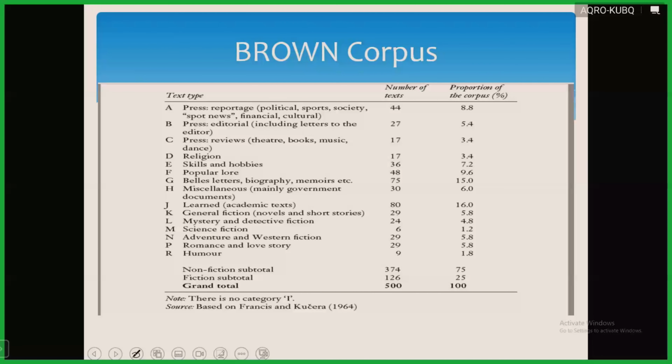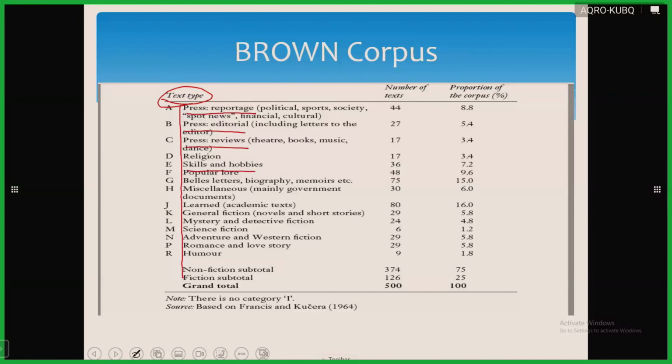Now, as we are going towards corpus building, you can look at the distribution of the corpus. This is the Brown corpus. You can see that there are different text types. There is a section on press reportage, press editorials, press reviews, and skills and hobbies.